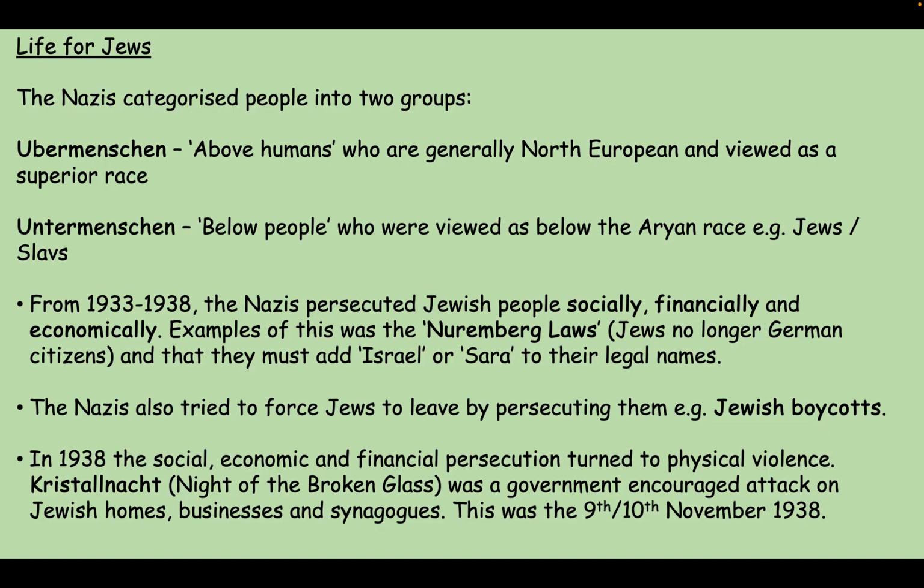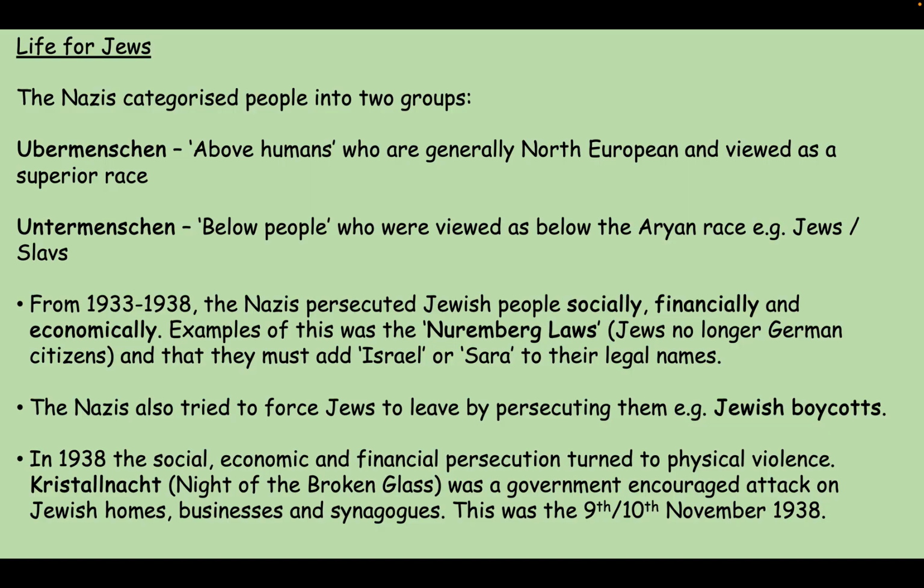So the Übermenschen were the above people or the above humans, who were generally North European, German, Scandinavian, viewed as the superior race. Untermenschen were viewed as below people, and they were viewed as below the Aryan race, below the Übermenschen. Jewish people, people from Eastern Europe, the Slavs, groups like that.